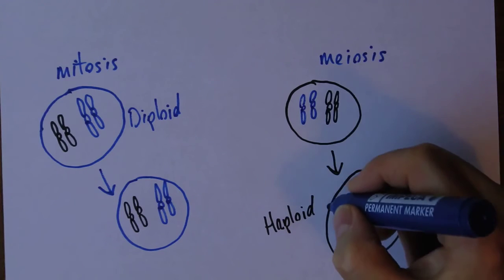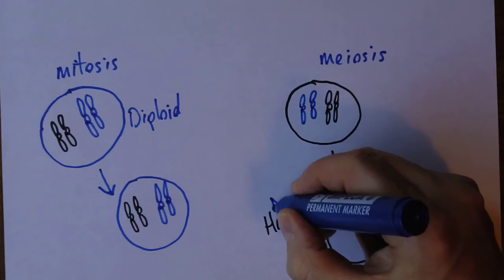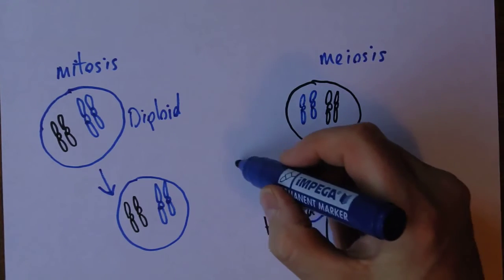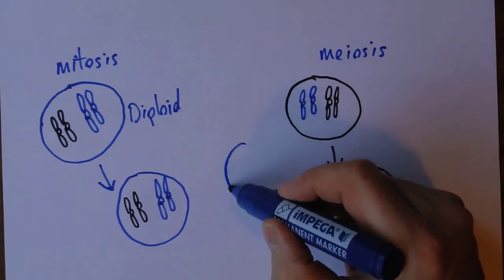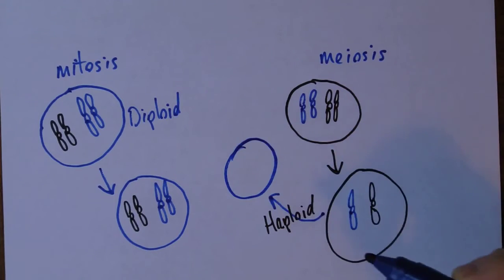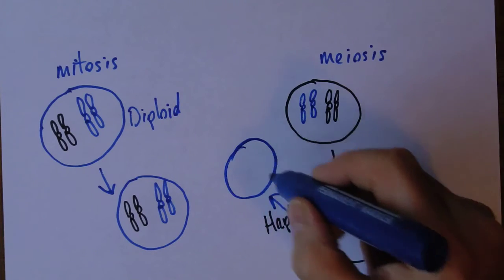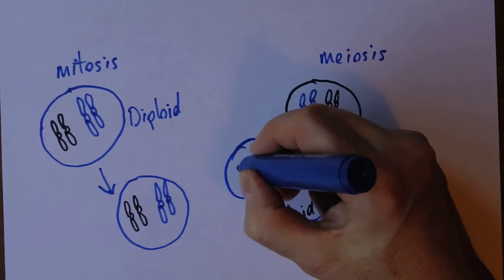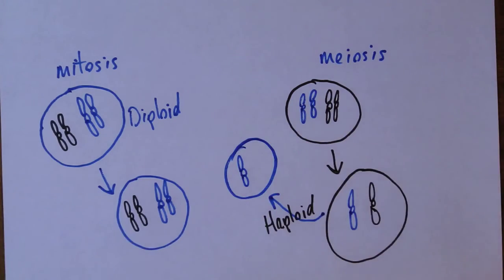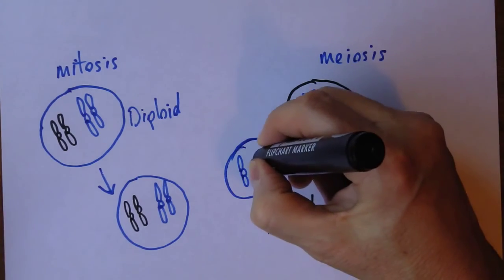So when we want to reproduce, that's going to meet up with its counterpart from the male or the female. That's the male, it meets up with a counterpart from the female, which also contains one chromosome from each pair.